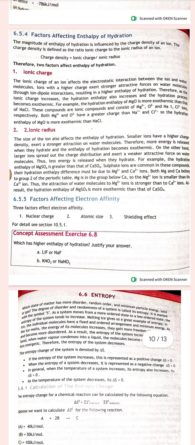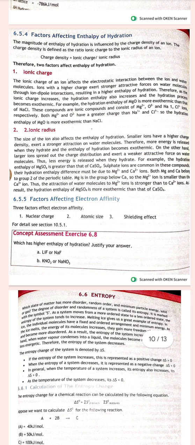Ions with a high charge exert stronger forces on water molecules through ion-dipole interaction, resulting in high enthalpy. So the higher the ionic charge, the higher the enthalpy of hydration. Therefore, as ionic charge increases, the hydration enthalpy also increases and the hydration process becomes more exothermic. For example, the hydration enthalpy of MgO is more exothermic than that of NaCl.